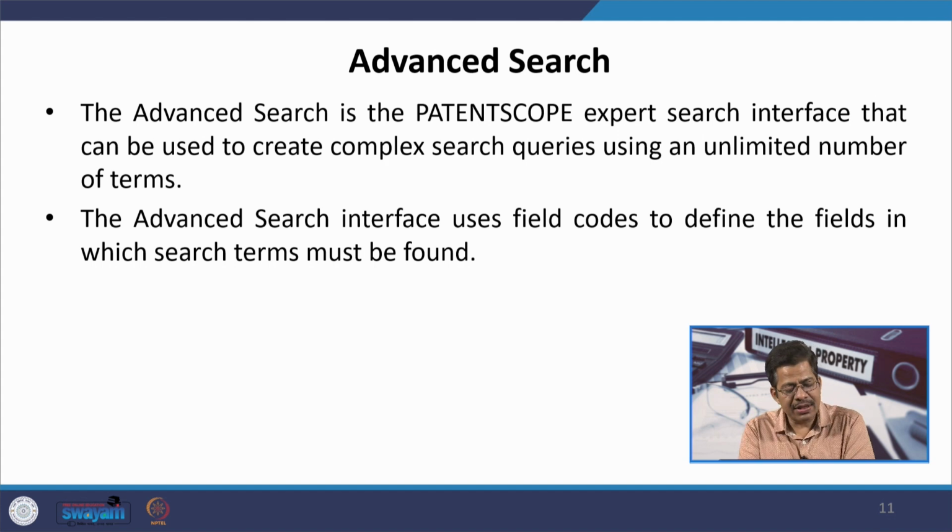Now, advanced search is the PATENTSCOPE expert search interface that can be used to create complex search queries using an unlimited number of terms. The advanced search interface uses field codes to define the fields in which search terms may be found.